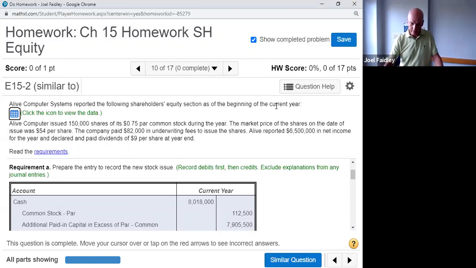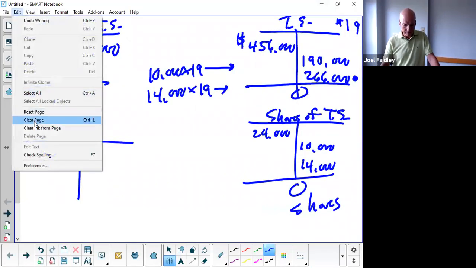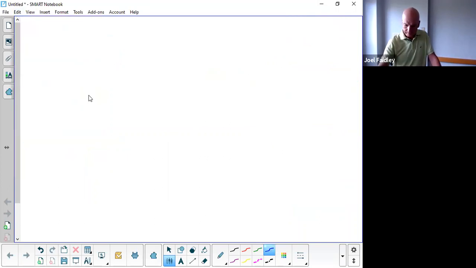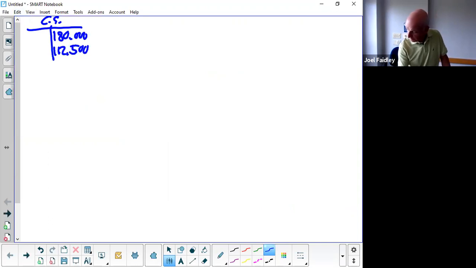All right, let me go over here and put this on the notepad. So we've got a common stock account that started out with the original balance of 180,000. We just made that journal entry for 112.5, didn't we?